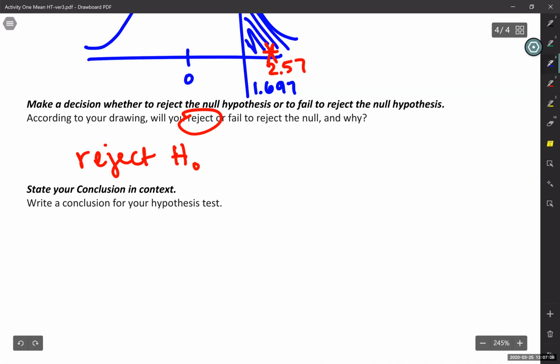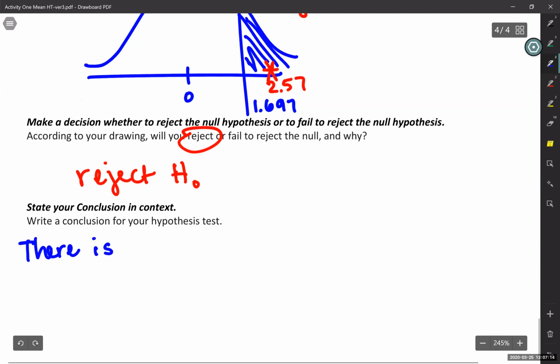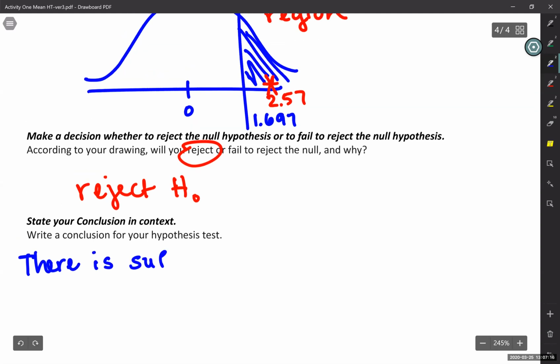So there is sufficient evidence to support the claim.